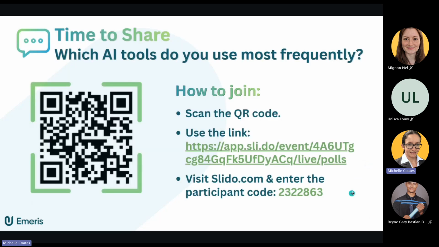All right, and this is the question we would like to ask you tonight. Please, if you can either scan the QR code or click the link, we would like to know which AI tools do you use the most frequently? I'll give you a moment to answer that.